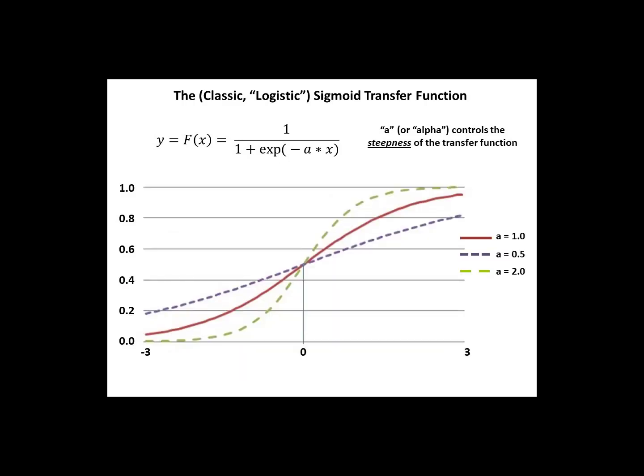Let's just have a quick look at the sigmoid transfer function to see what this means. We can see that if x goes to a large negative, and here minus 3 is actually kind of large, the transfer function never goes below 0. And if x becomes large positive, again, going towards plus 3, for this case kind of large, the transfer function isn't going above 1. The transfer function is bounded between 0 and 1.